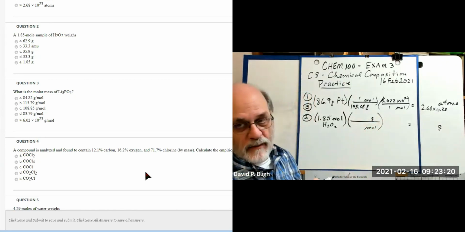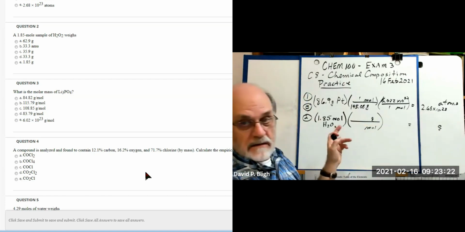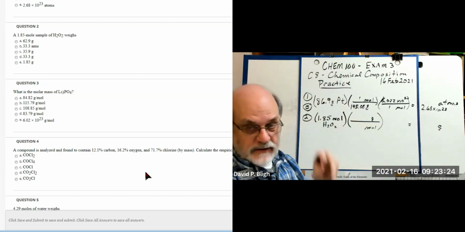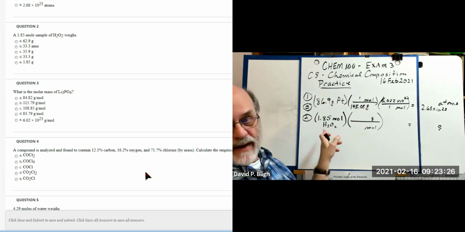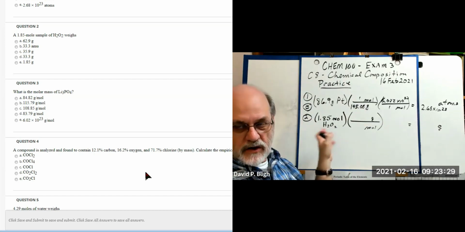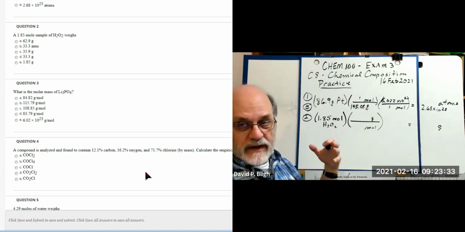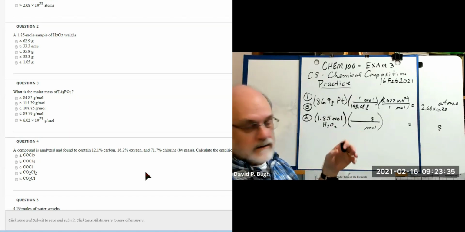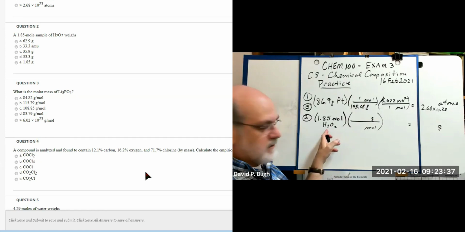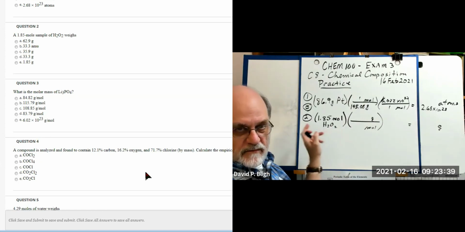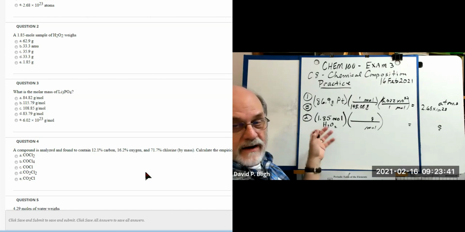Anytime you see grams per mole, you think molar mass. But we've got a compound here, so we use information from the periodic table, but there's no direct value for that. You have to add it up.